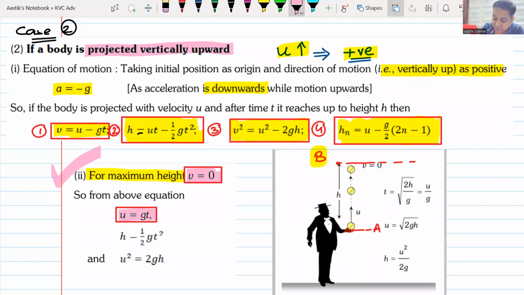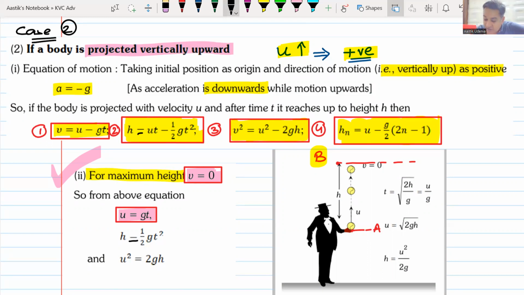Do we understand this? Yes or no? Well done.